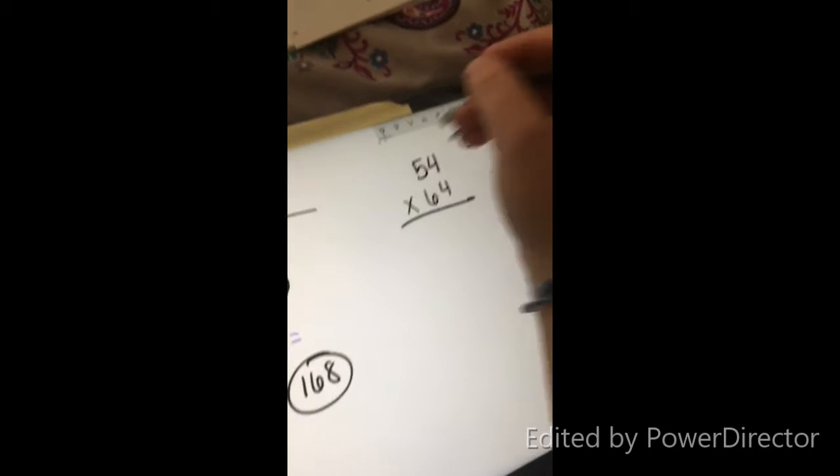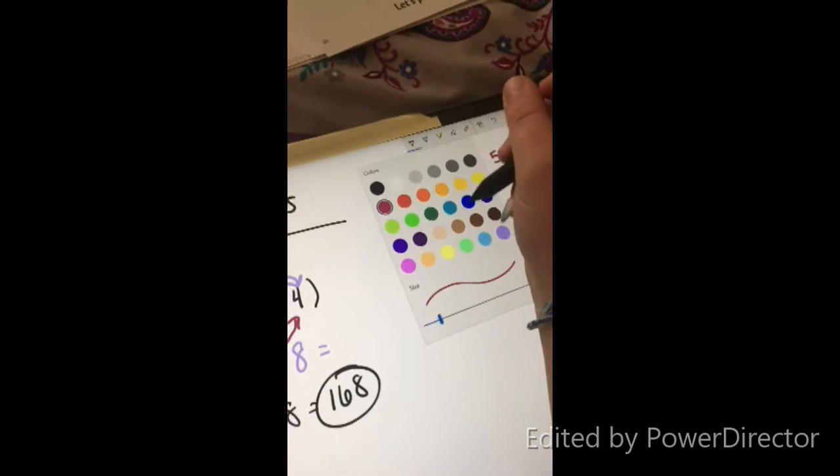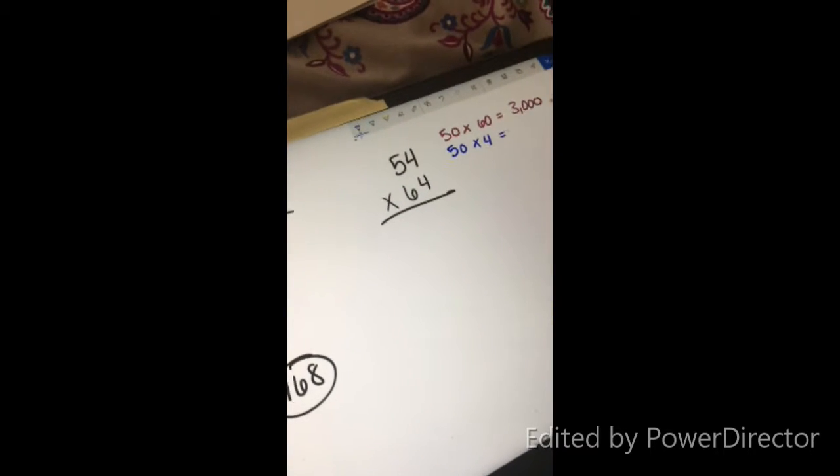And when we do that, we get 3,000, because you take 5 times 6 is 30, and then you add 2 zeros to that. So we get 3,000. Then we're going to take the 50 times 4, and we get 200.